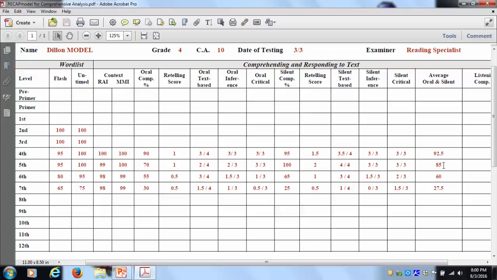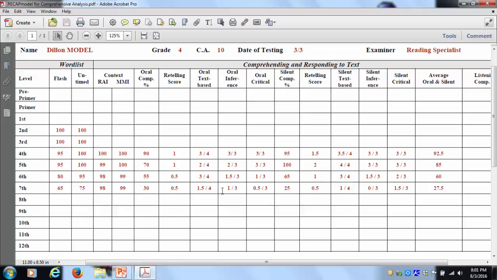The instructional level is pretty high. In fact, look at the 6th grade level. Here oral comprehension was 55, silent comprehension at 6th was 65. So we have signs that the strength here at the 4th and the 5th grade might be wise to start pulling in and stretching him with extensive guided instruction.